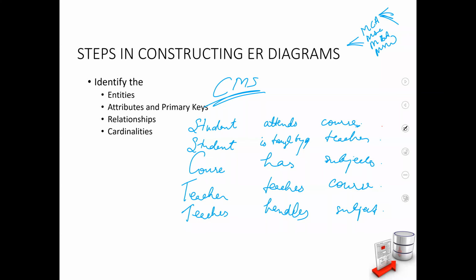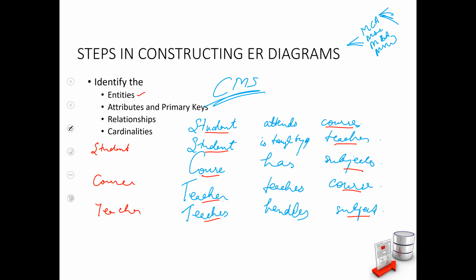Now, once you have written the story, you should do identification. Identify the entities. If you write your story sensibly, the first word and the last word will be entities. You can think name, place, animal, thing. These will be your entities. So if I list out my entities, I have an entity called student, another entity called course, an entity called teacher, and an entity called subject.